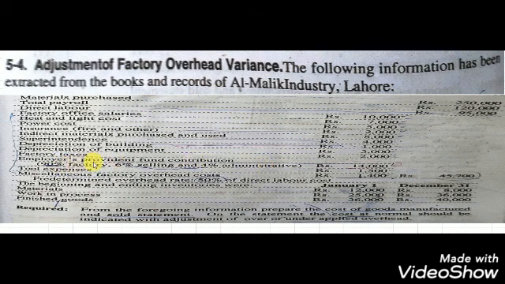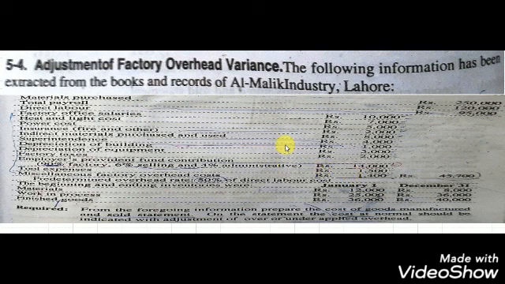This is a provident fund which is distributed among the factory, selling and administrative sectors. Now miscellaneous expenses 1,400 rupees, and total expenses is 1,500 rupees.